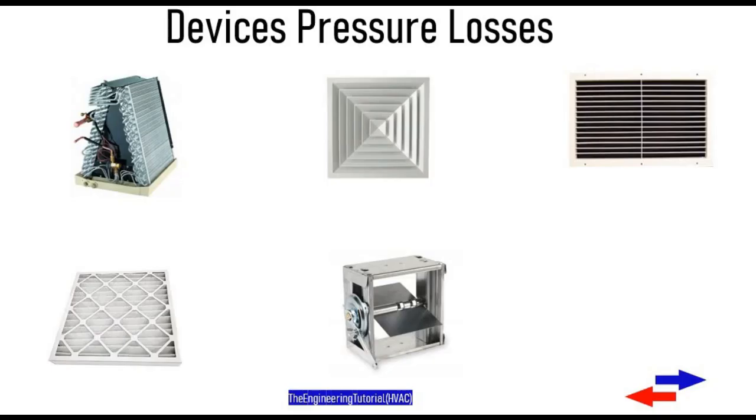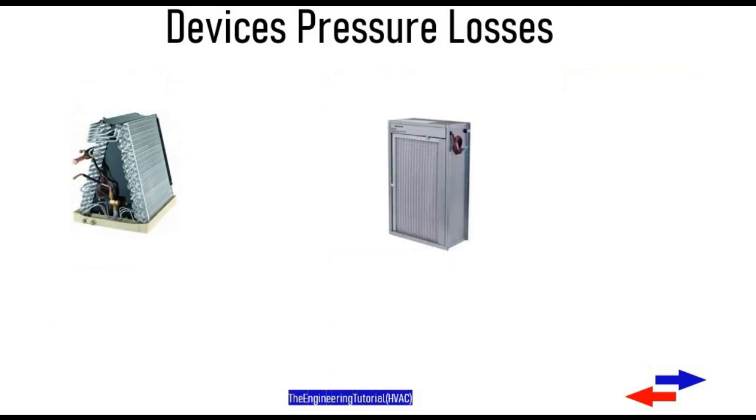Device pressure losses are the pressure losses in the duct system which can be caused by devices other than ductwork. For example, an evaporator coil, depending on the coil, can have a different pressure drop. So if I select an evaporator coil with a pressure drop of 0.3, and an air cleaner with a pressure drop of 0.2 inch of water column, it might not work the way we want, so we'll need some ductwork adjustment or different devices.